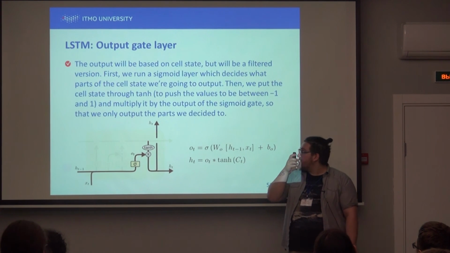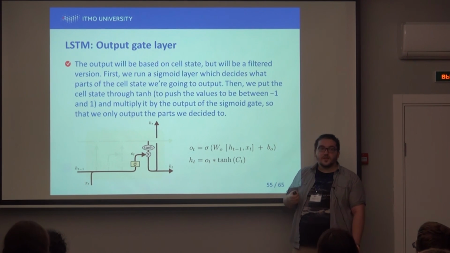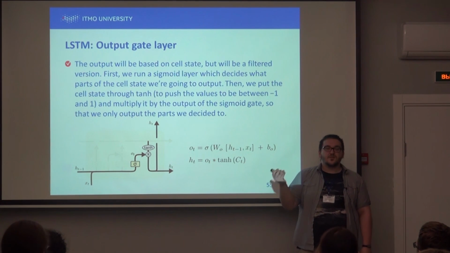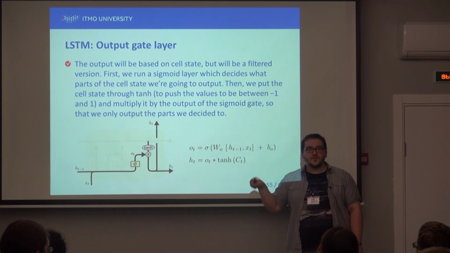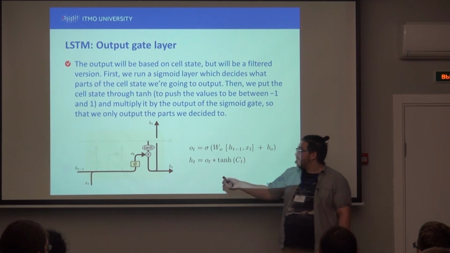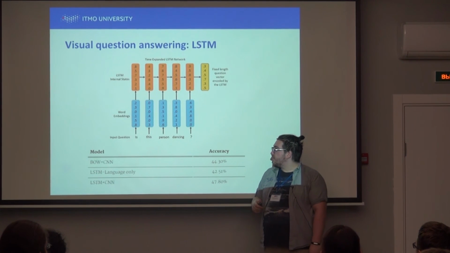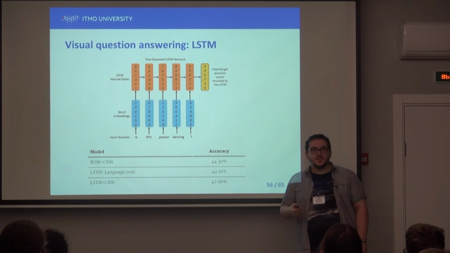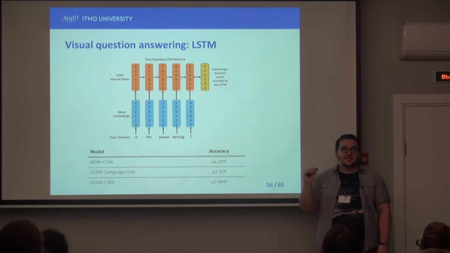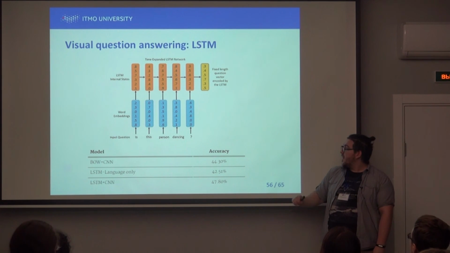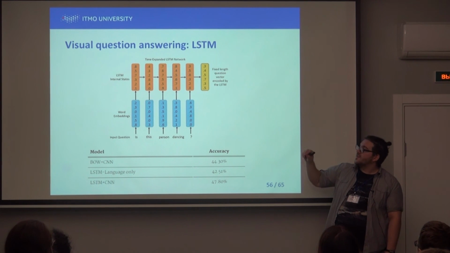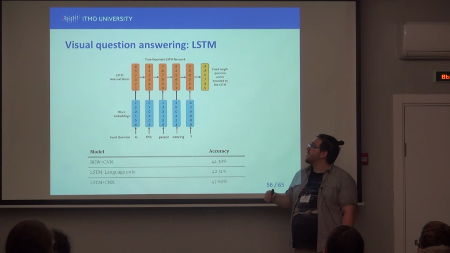After that, we have the last output gate, which tells us what we need to return as output for the current state. So that's just the architecture. It's not the only LSTM that can be used. There are lots of types of LSTMs. And this is, for instance, a representation for visual question answering.